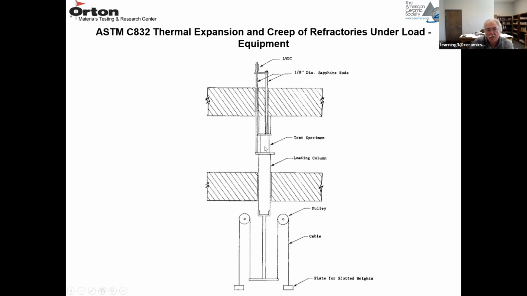And it's a shorter cylinder. But you also have your rods in contact with the top of the sample and the bottom of the sample and an LVDT up on top here to measure the change in length, your loading rams. And this one is using a weight system with pulleys to apply an upward load on the bottom ram.